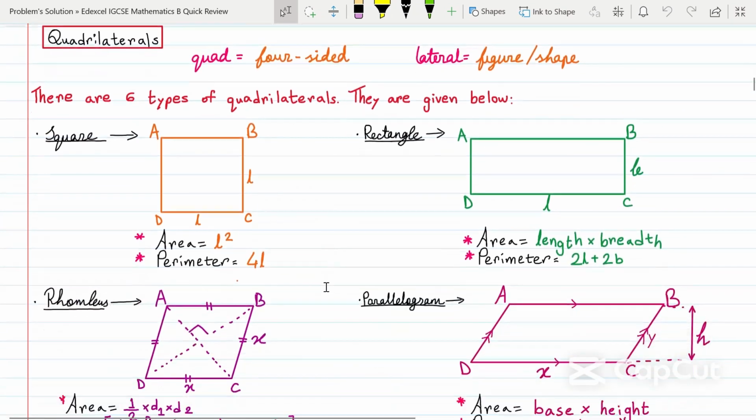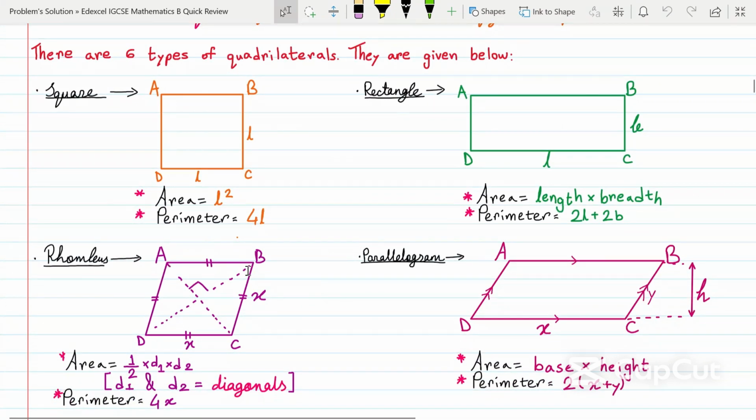The third shape we have is a rhombus. So here you can see a rhombus.